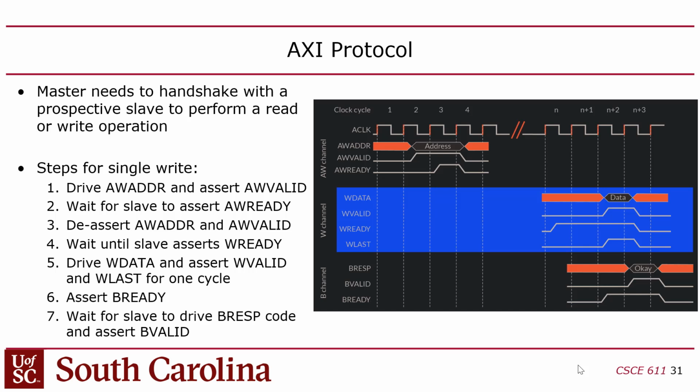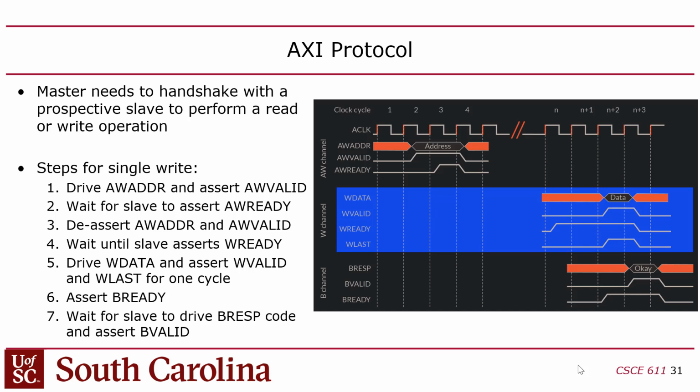This is actually a screenshot from the ARM website. So if I want to write on this bus, I have to put my address out on the write address channel. But before I can do that, I have to put the address out there, but I also have to say it's valid, right? And then whoever is answering to that address has to answer and say, oh yeah, that's me, right?